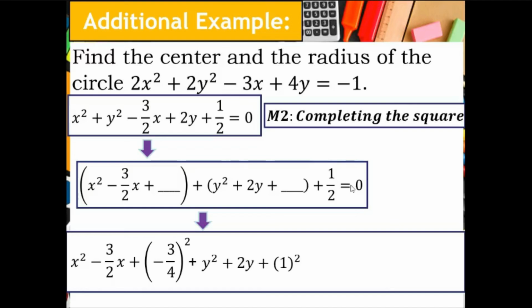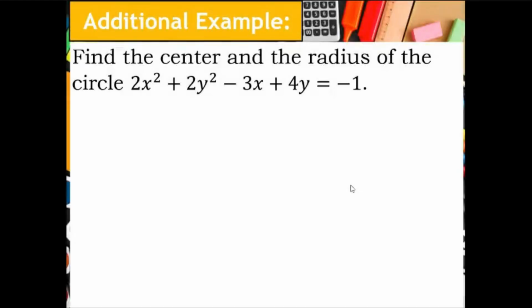So we will have the negative of negative 3/4 squared minus 1 squared plus 1/2 equals 0. Since we already know that we have perfect squares here, we can write them in their factored form.